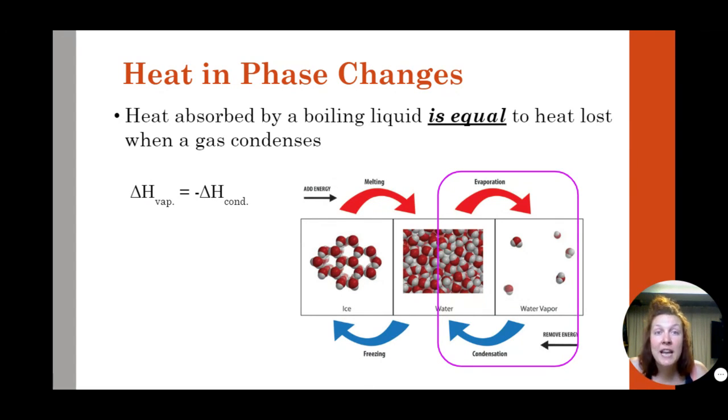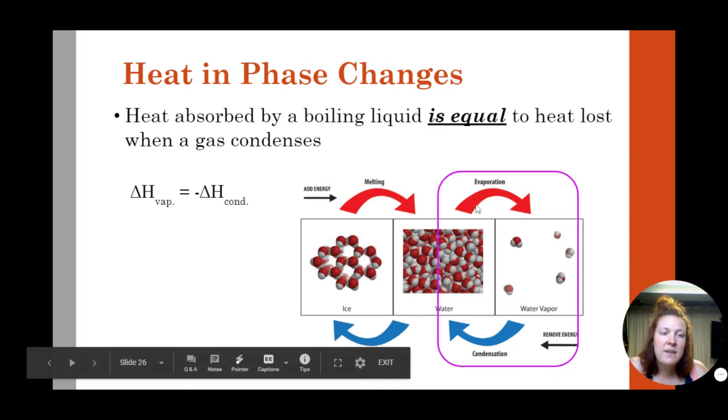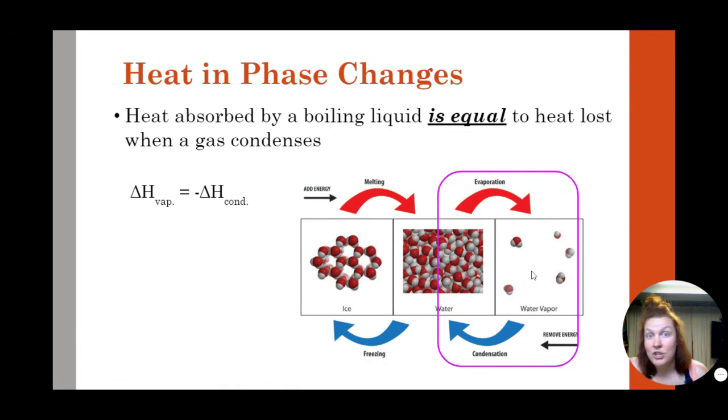If we wanted to condense that same amount of substance, we would then have to remove 3 joules of energy. So again, we have this cycle here of adding in energy to evaporate, removing the same amount of energy to condense. And again, that's because of the law of conservation of energy. Energy can't be created or destroyed, it's only transferred, and it has to be equal to and opposite.